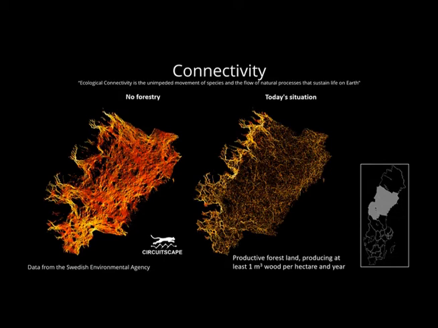In the left case, the whole landscape consists of forest that is equally good for rare species or generalist species. To the right, on the other hand, I use the data on continuity forest that is left today. And then, unfortunately, we can see that we only have a good current in the west.